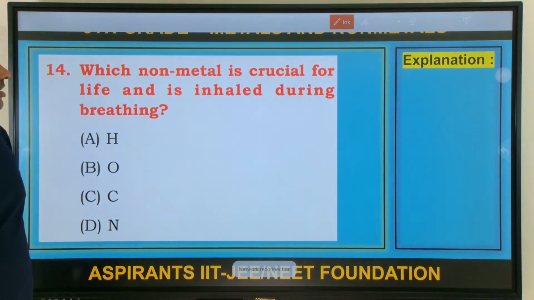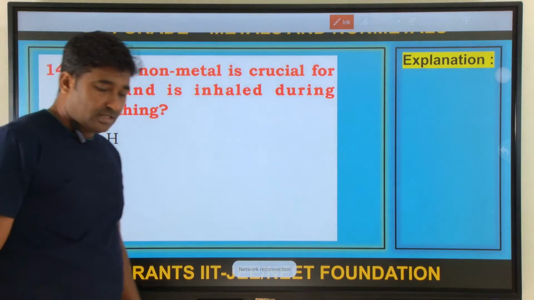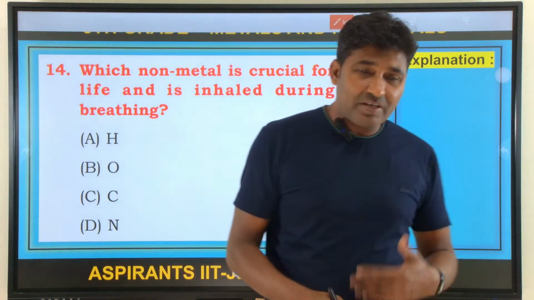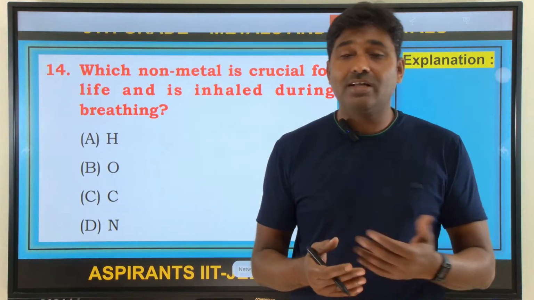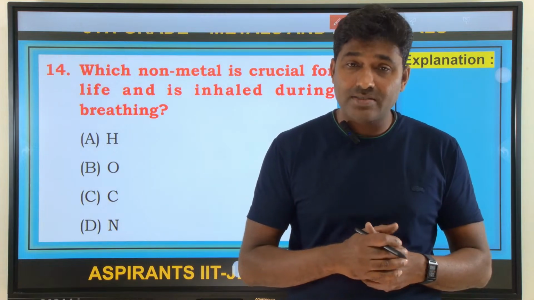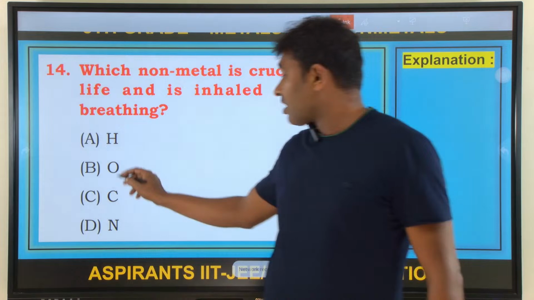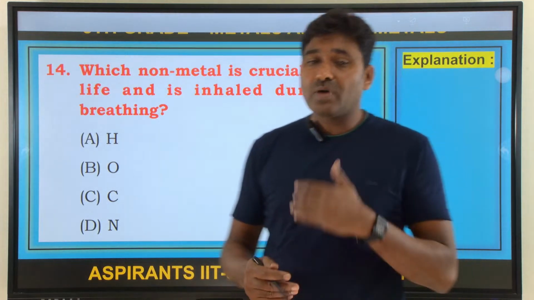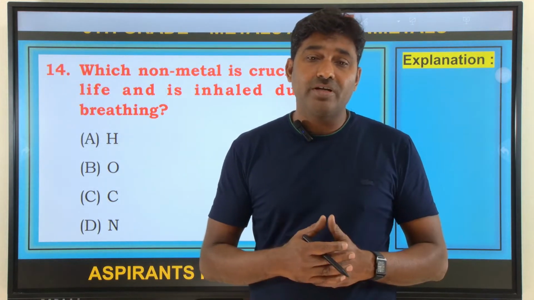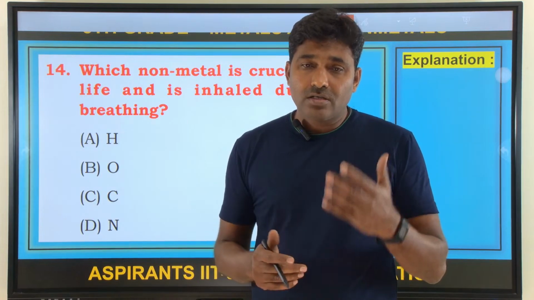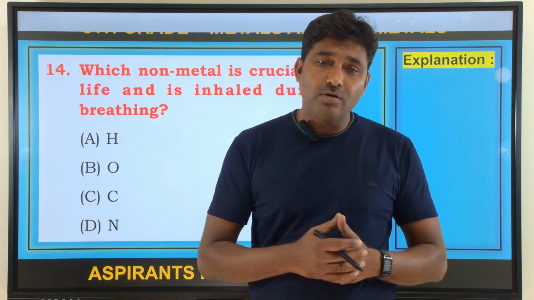Which non-metal is crucial for life and is inhaled during breathing? Everyone knows this. This gas is a very essential, vital element for us. That element is oxygen. Oxygen is vital for cellular respiration.